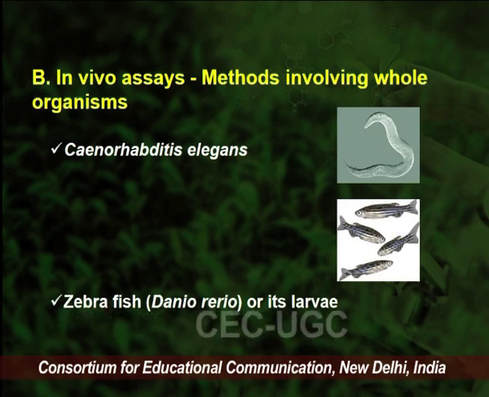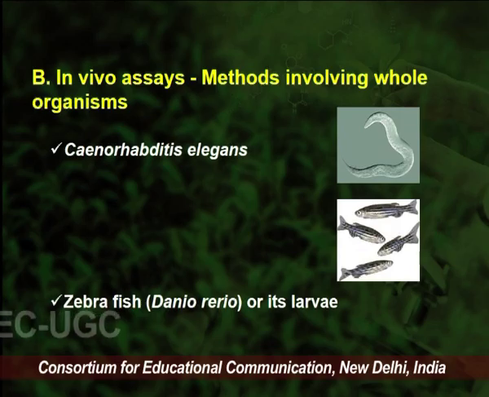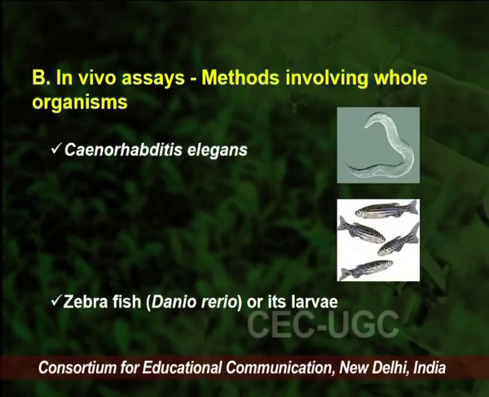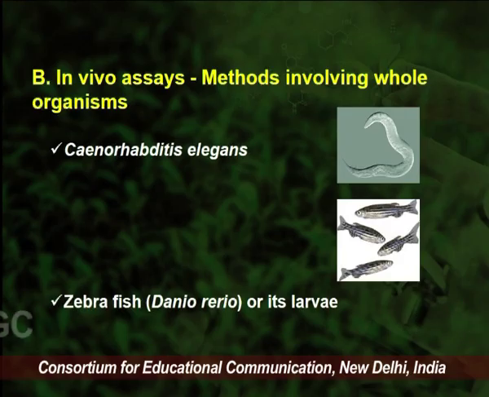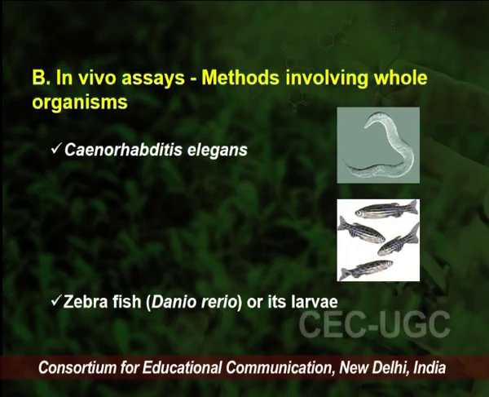The advantage why these are widely used is that we have fully elucidated the genome of these two organisms and we can easily see the impact of the drug on these two. Further, zebrafish specifically have a very fast growth rate, and moreover its larva or embryo are completely transparent. That also makes the analysis or screening or studying the impact easier.